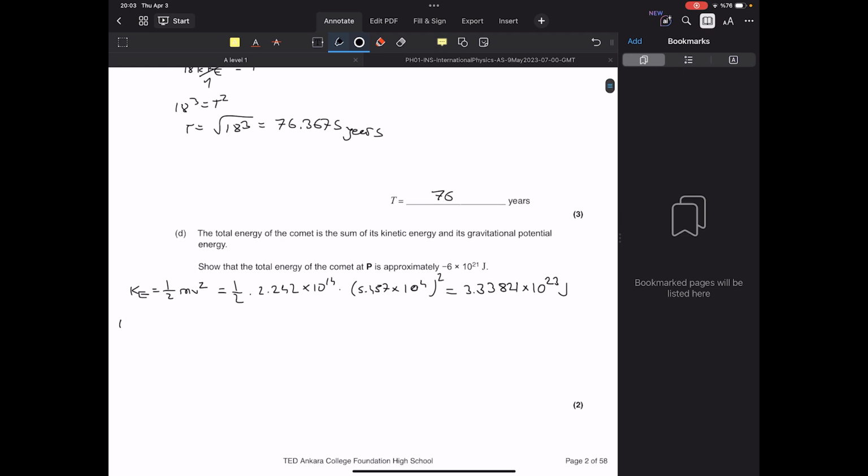The gravitational potential energy is going to be equal to negative GMm over R. That's the formula.